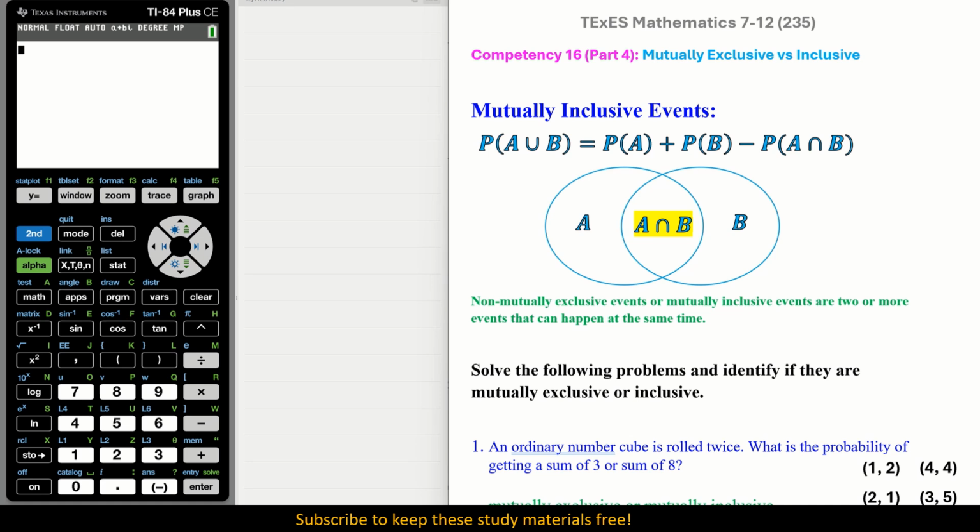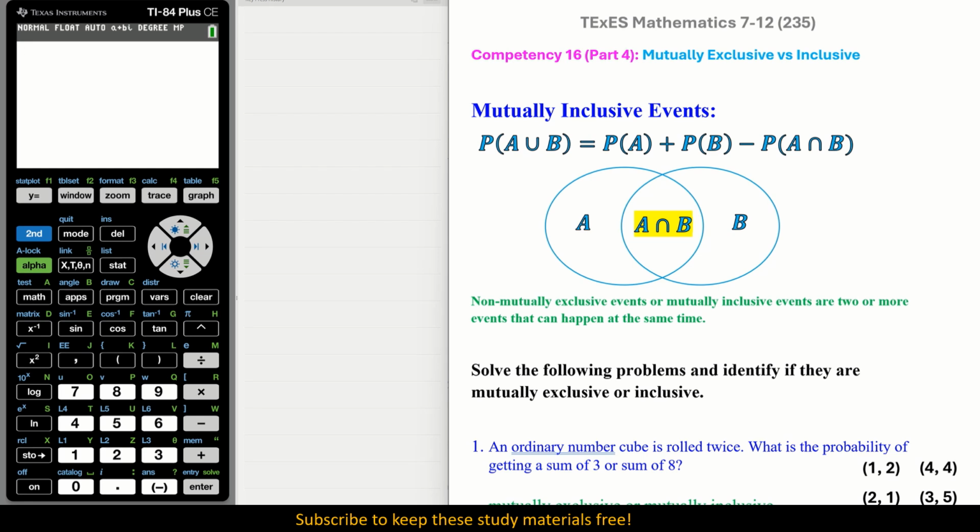Okay, before we begin, let's look at what we call mutually inclusive events. They are also called non-mutually exclusive events. This would be two or more events that can happen at the same time.